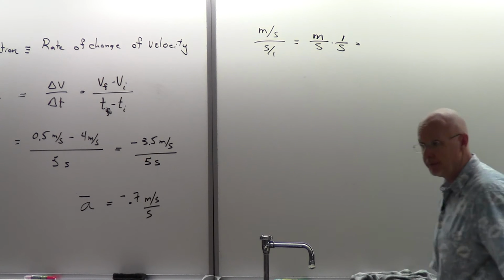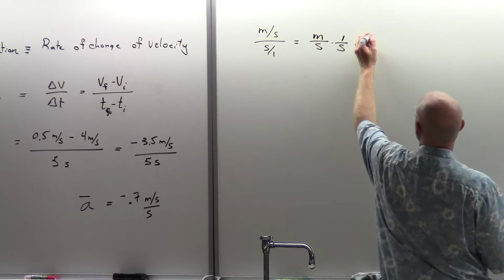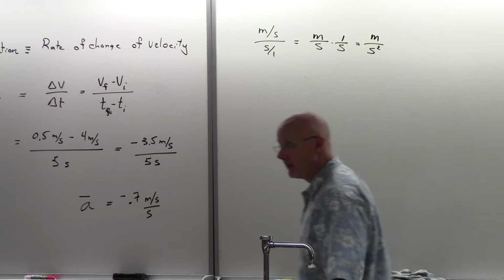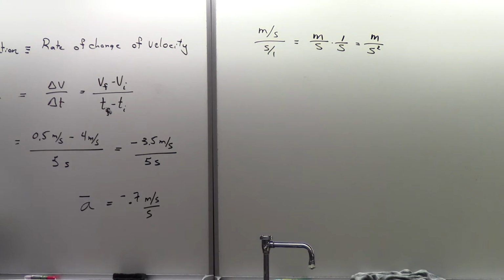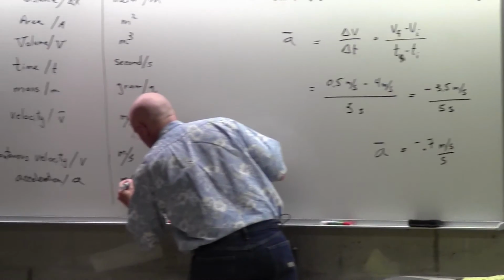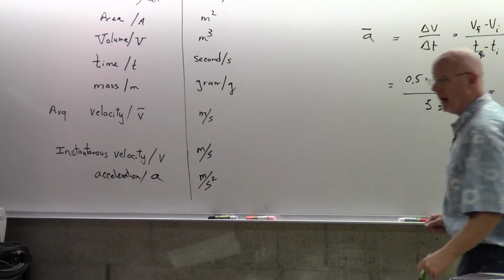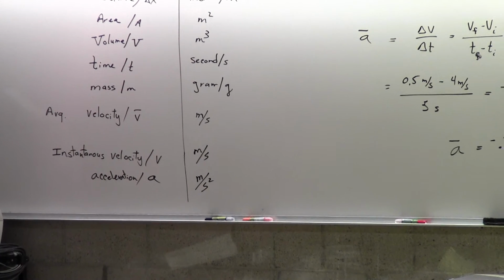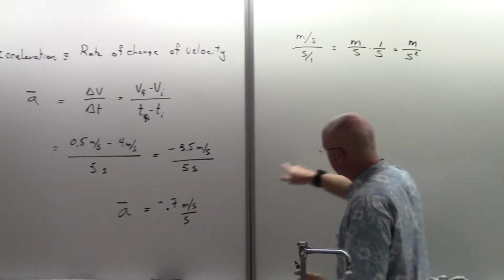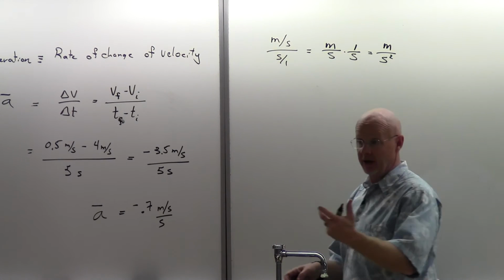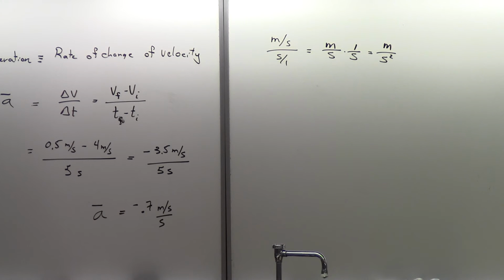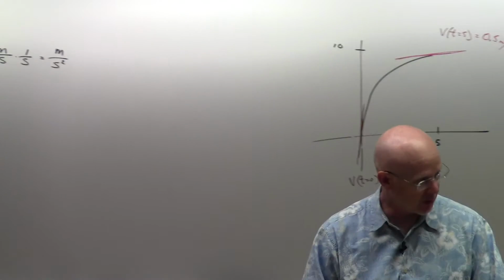Don't we flip and multiply? And so this becomes meters per second squared. I know you've seen the units for acceleration, but had you never seen them, as we were talking about on Wednesday, this would have led to the final step of, yes, these are the units, meters per second squared.